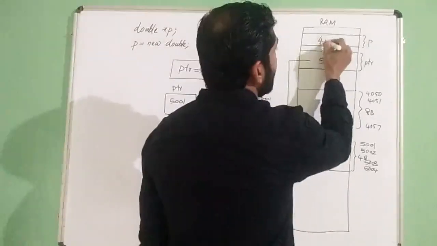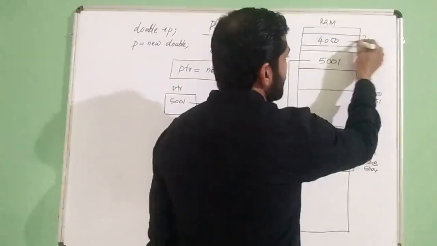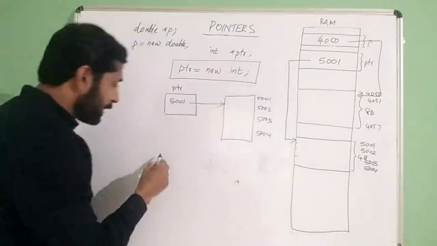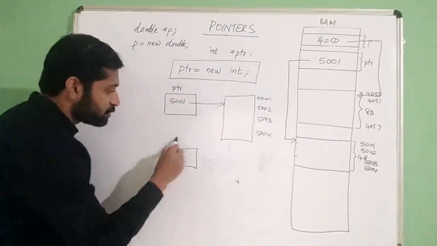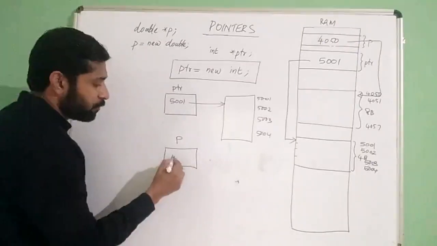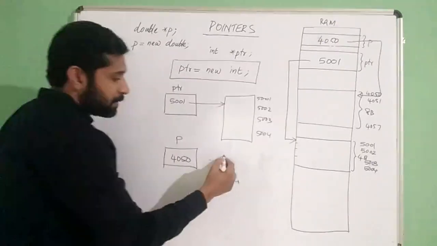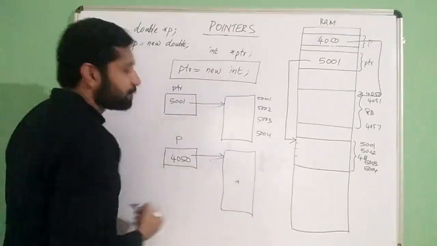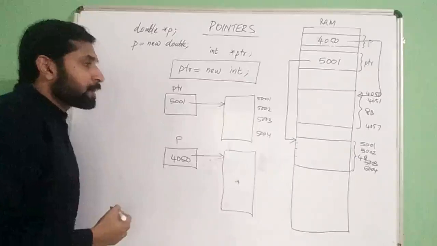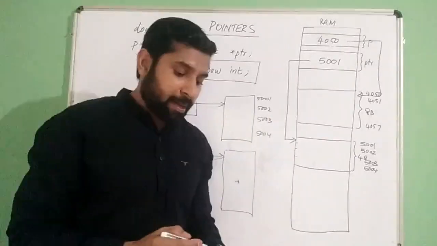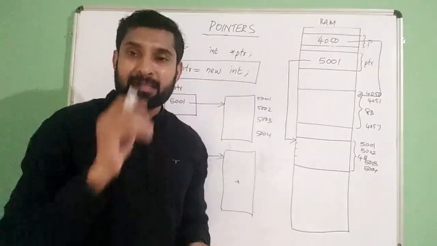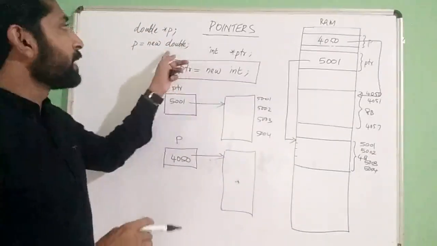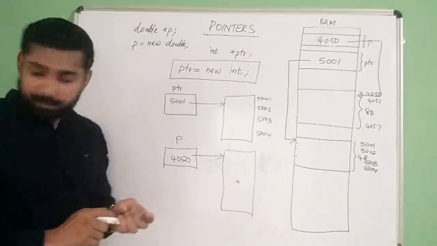This 4050 will be stored here, which means P points to this area. We can draw like this. This is P. It contains 4050. It points to some 8 bytes like this. So in this way, we can reserve or allocate memory in dynamic fashion with the help of pointers.